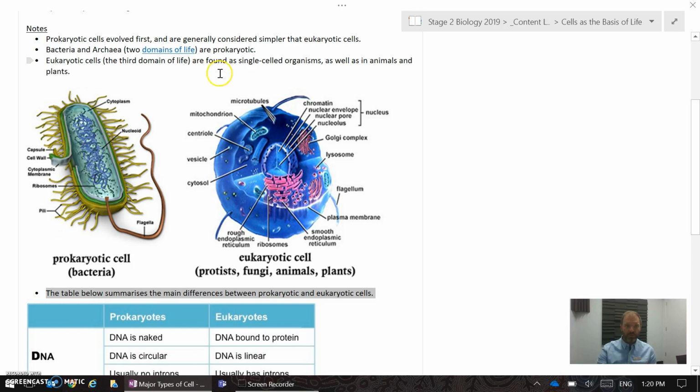There can be single-celled organisms like protists and some fungi, or multicellular organisms like other types of fungi, animals, and plants. And as you can see, a lot more complex structure. So as well as having a nucleus, the other things that eukaryotic cells have is a whole lot of membrane-bound organelles like mitochondria and chloroplasts, smooth ER, rough ER, Golgi apparatus, all of those things you might see here.